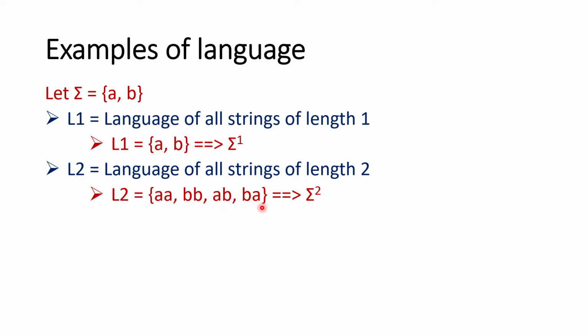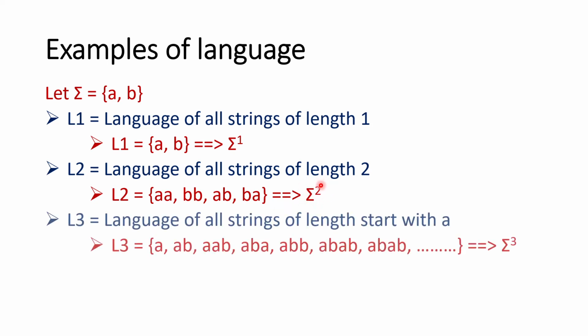But other than these four different cases, you will not find any fifth string which will be within this language. And this one, as a shortcut, we can define as sigma superscript 2.